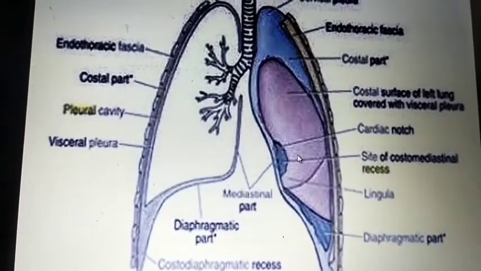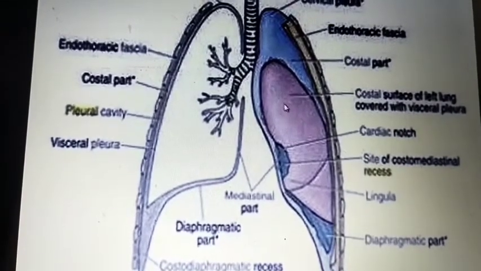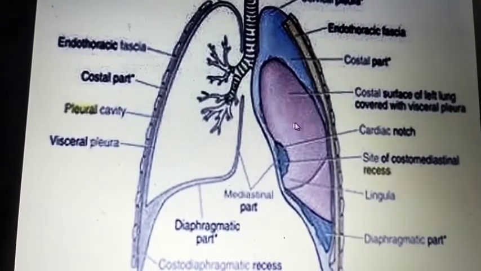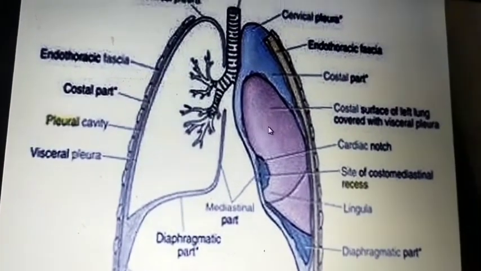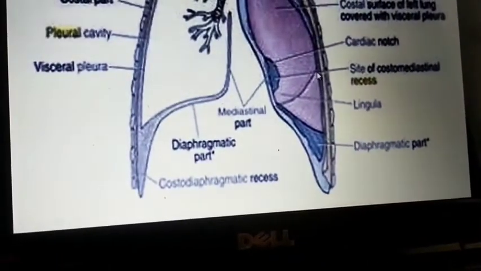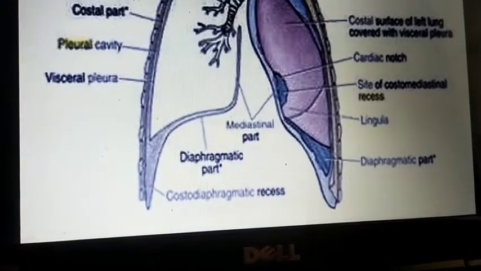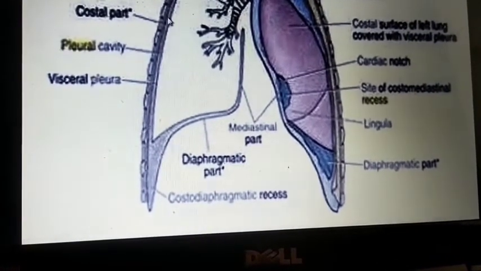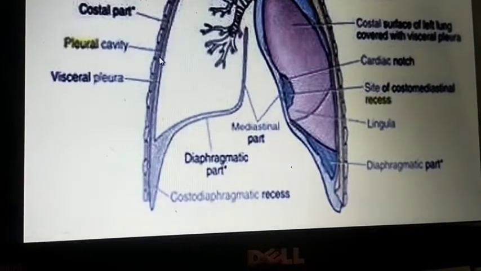Just below that, over the lungs, is a thin membrane, the visceral pleura. The visceral pleura also moves into the fissures. You can see the rib cage, the costal part, and the pleural cavity, which is the cavity between the parietal pleura and visceral pleura.